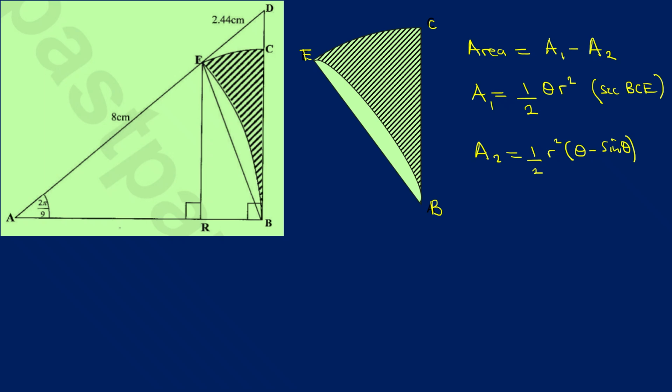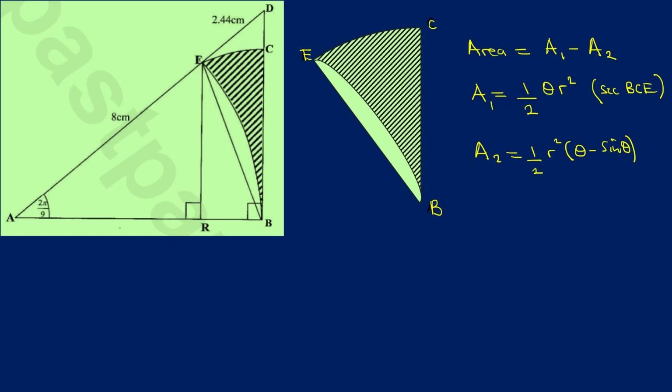Now, both formulas here are having theta and r squared. Let's not confuse them. The first formula A1 has got its own theta, and the second formula A2 has got its own theta. So as we start working out the question, we are going to see which theta belongs to which one, which r belongs to which one.